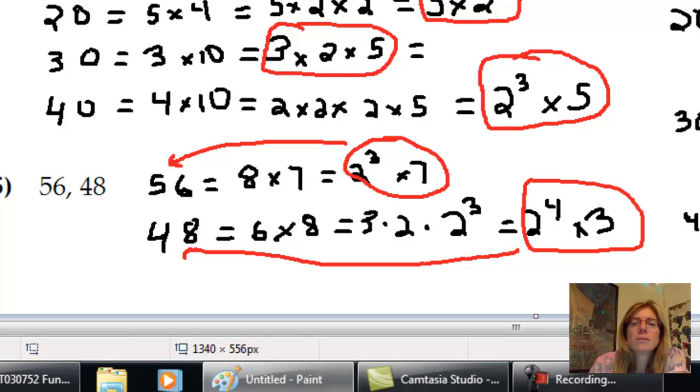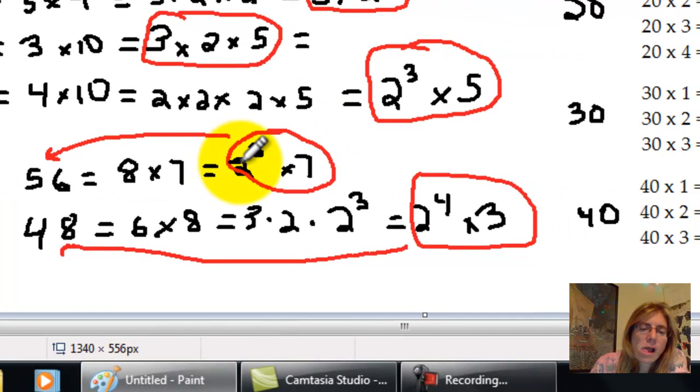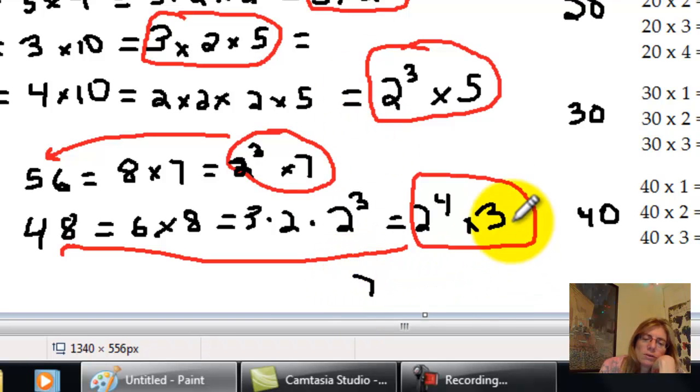2 cubed times 7. Now we have a base of 7. We take that out, and it's represented. We take the 3. And we use a 2, but we don't use the 2 to the 3rd, we use the one with the higher exponent.